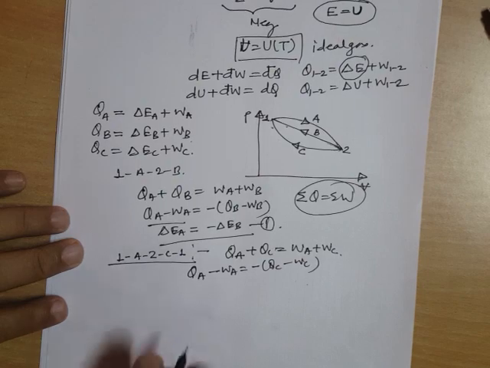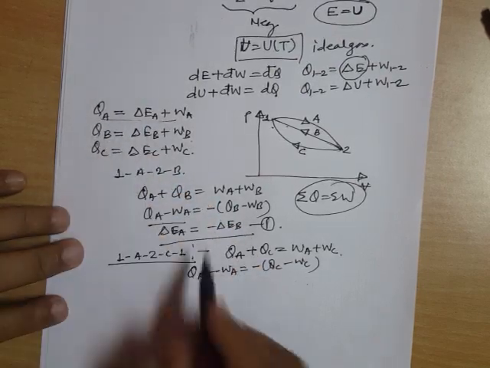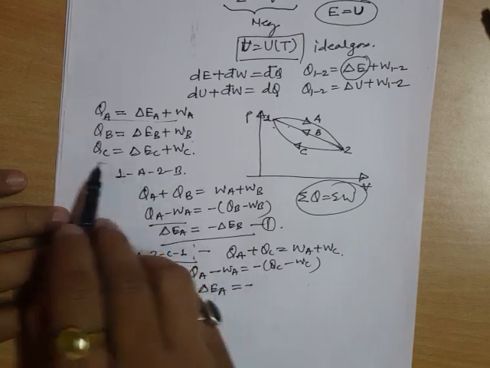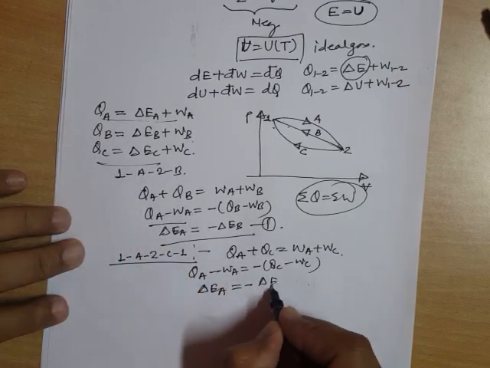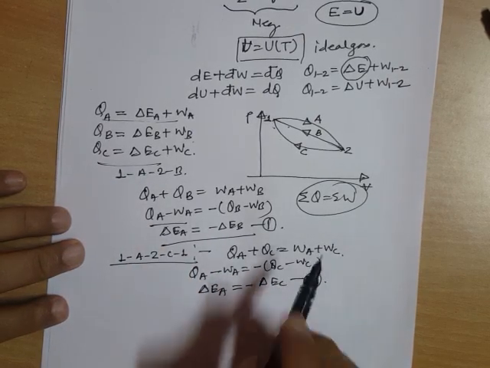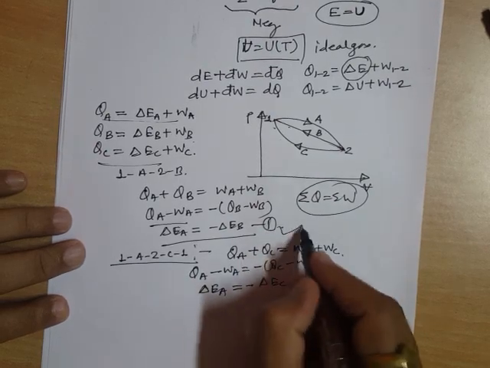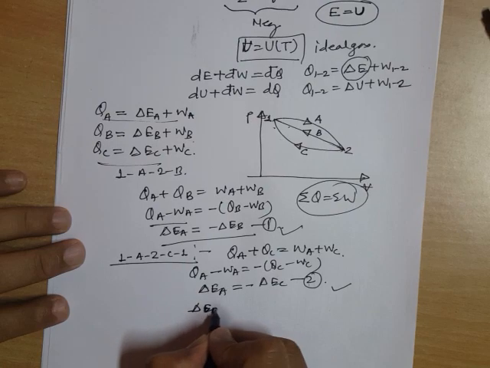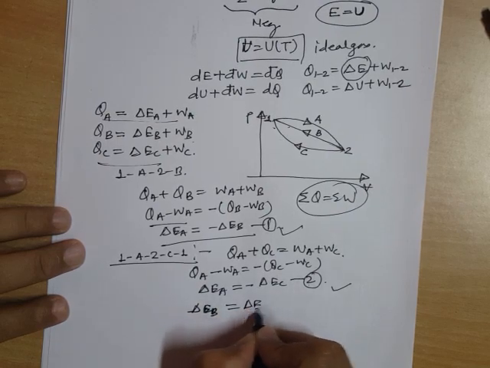What is QA minus WA? It is delta EA. And QC minus WC is delta EC. So let us say this is equation 2. Compare equation 1 and 2, and you will get that delta EB is the same as delta EC.